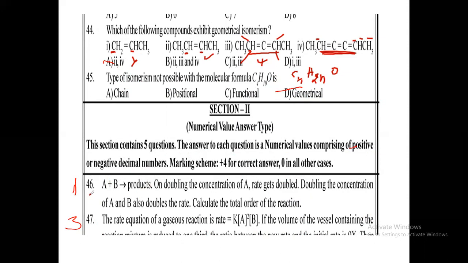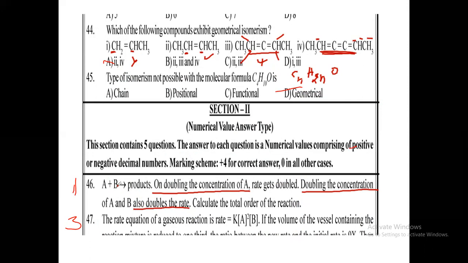Next, the 46th one. A plus B gives rise to products. One reaction is given. On doubling the concentration of A, the rate of reaction gets doubled. Next, doubling the concentration of B also doubles the rate of reaction.